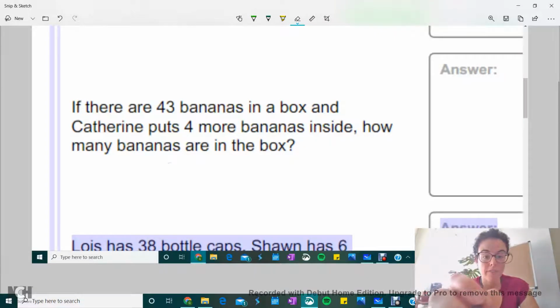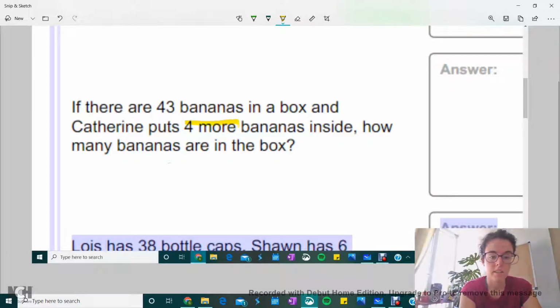Well, I see our famous number plus more. So we know we have to use addition. We have to add. The rest is up to you guys. I want you to find the answer, and I want you to write the full sentence answer.